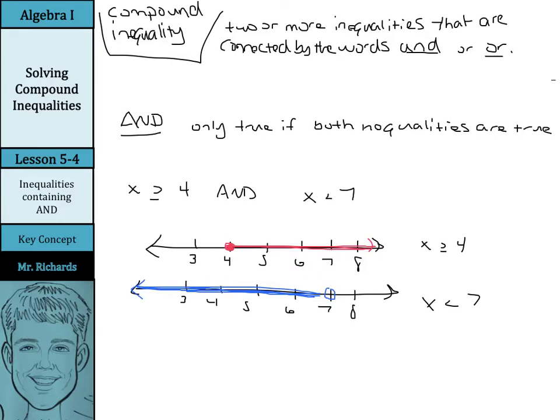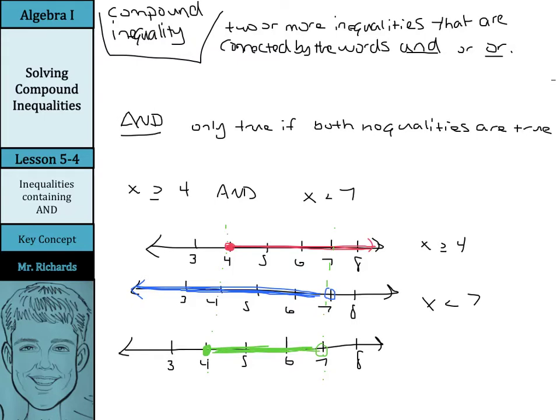Now, when it comes time to combine these, again we'll have our 3, 4, 5, 6, 7, 8. Picture a dotted line here. This is true when both graphs are true. So we will have a closed circle at 4, an open circle at 7, and we're shading in between.